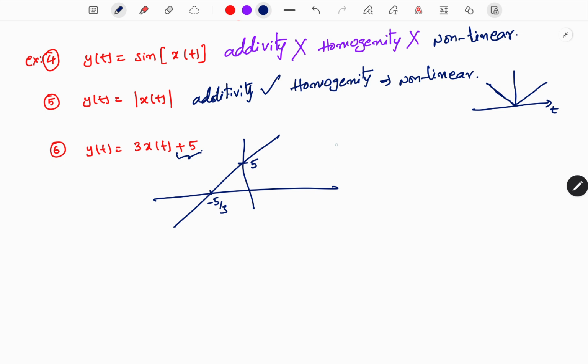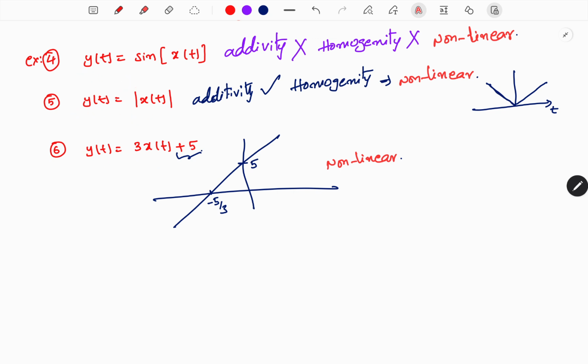So the system is nonlinear. So these all systems are nonlinear. This also nonlinear, this also nonlinear, and this one also nonlinear. These three systems are nonlinear systems.